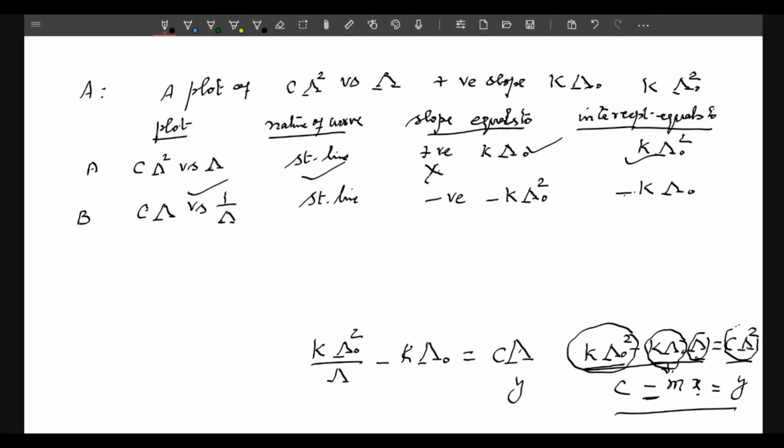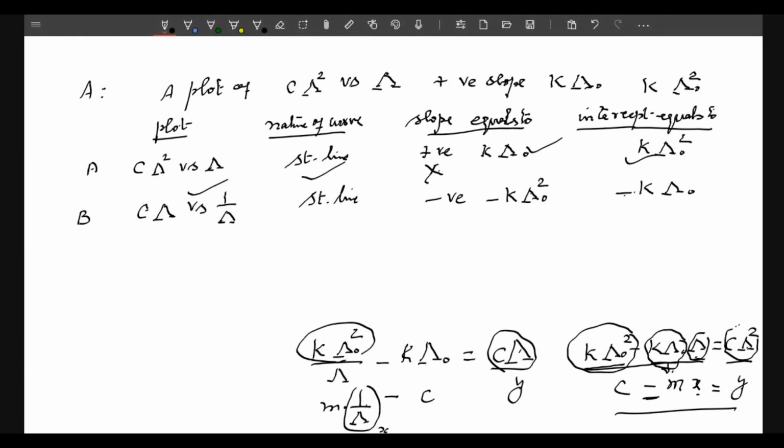Now if you take this y-axis, C lambda is y, this is a constant, m, and 1 by lambda is a variable, that is x. Therefore, now you plot C lambda on the y-axis and 1 by lambda on the x-axis.